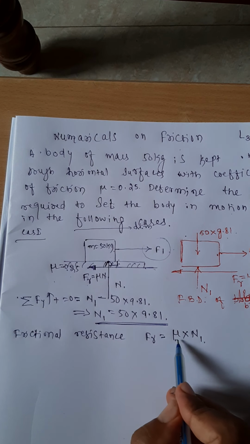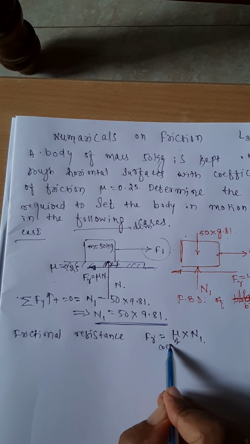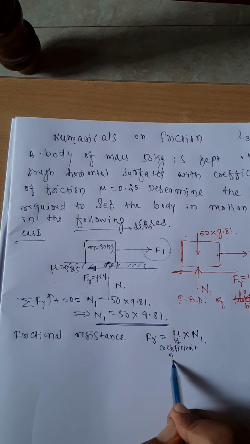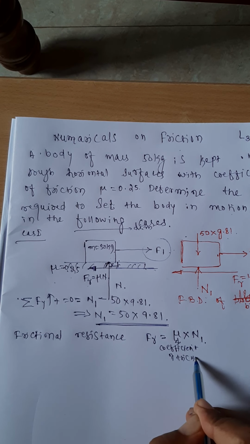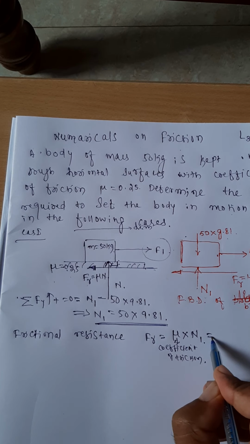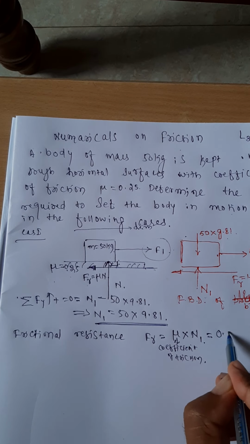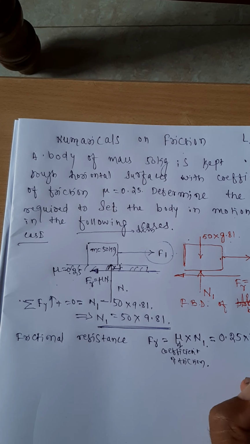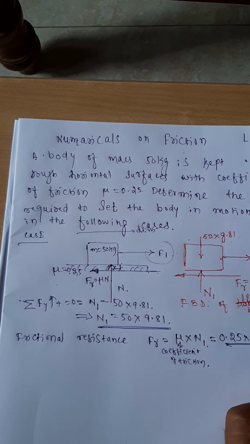Yes, this is the coefficient of friction. He has given you the coefficient of friction between the surface and the body as 0.25, multiplied by N1, which is 50 into 9.81. This is the frictional resistance acting on the body.